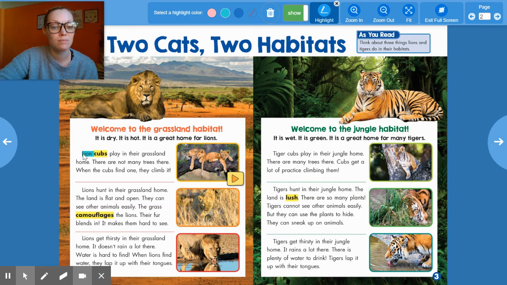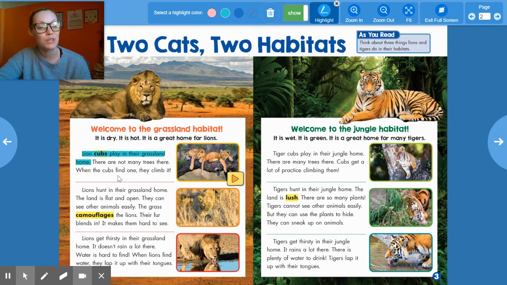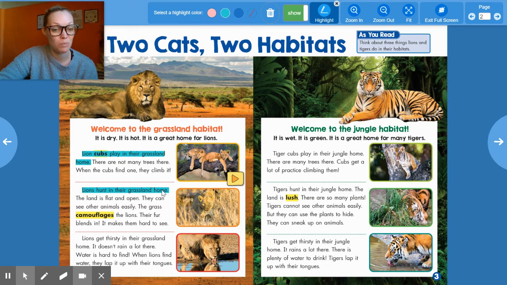Lion cubs play in their grassland home. Then it tells us more about what they do in their grassland home. Next one, lions hunt in their grassland home. Then it tells us more about how they hunt.